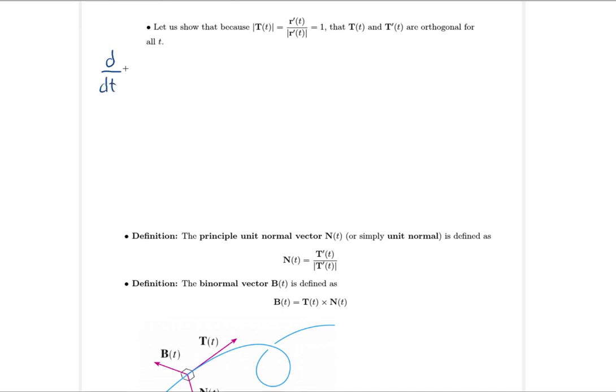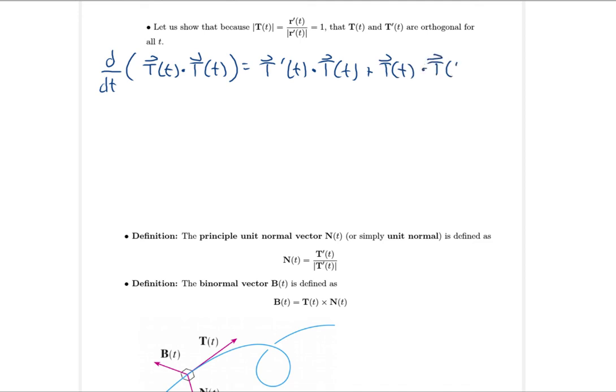So if I take the derivative with respect to t of the unit tangent dotted with itself, I have to apply the product rule to that, which means take the derivative of the first dotted with the second, plus the first dotted with the derivative of the second. But of course, these are identical to one another, so this is just 2 T prime dotted with T. Okay, so we know that that's true on the one hand.